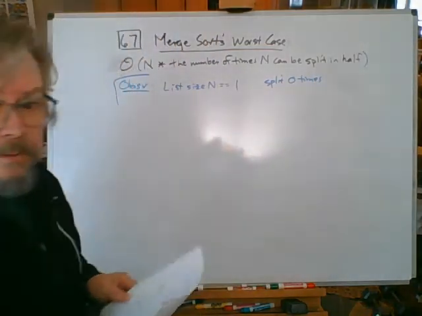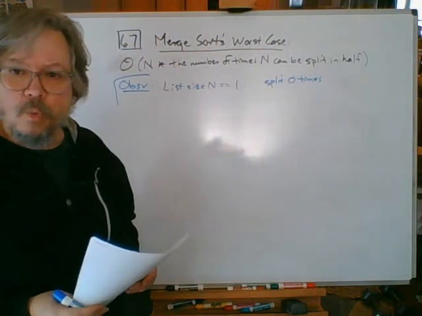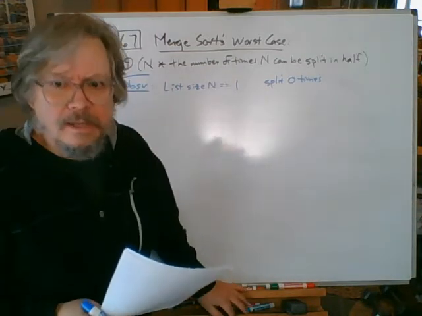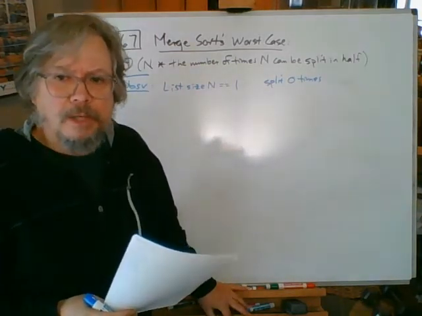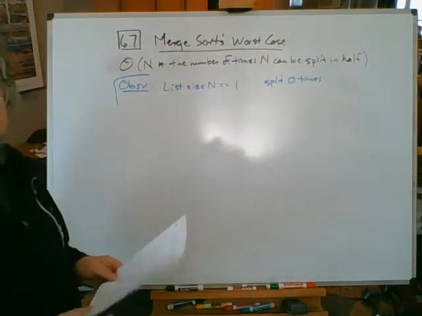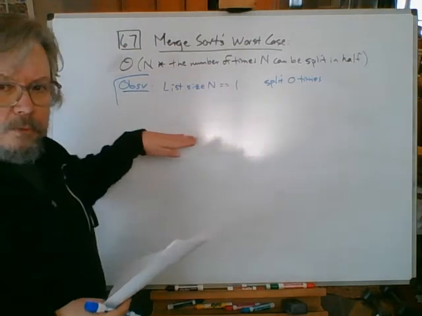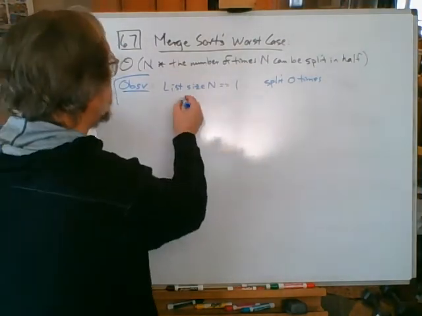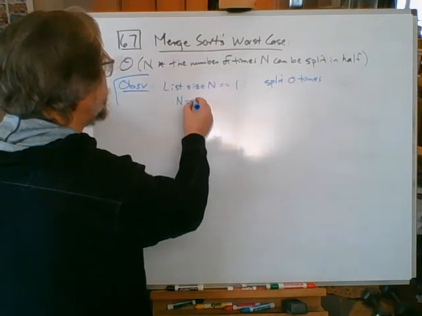How is that for an observation? If merge sort has called itself so many times, it's split till there's only one element left, then we can't split that any further. So when we get down to that bottom right before the dotted line, list size 1 can't split no more.